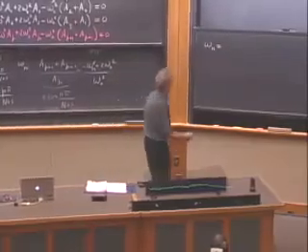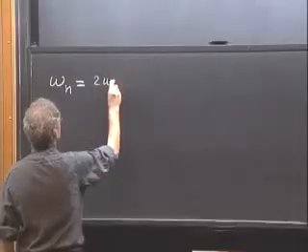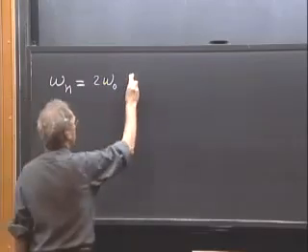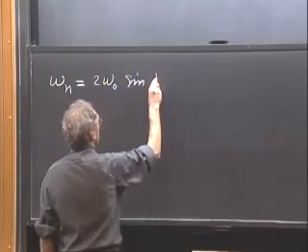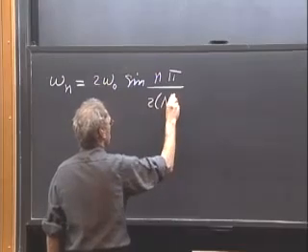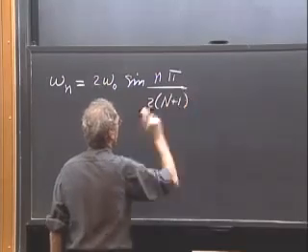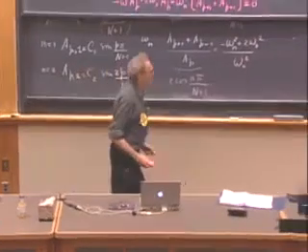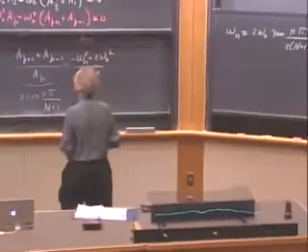You will get 2 omega 0. The result is by no means intuitive, times the sine of n pi divided by 2 times N plus 1. And of course, I'm going to look through that result with you. As of now, it looks very opaque. So this then is the solution to omega n.